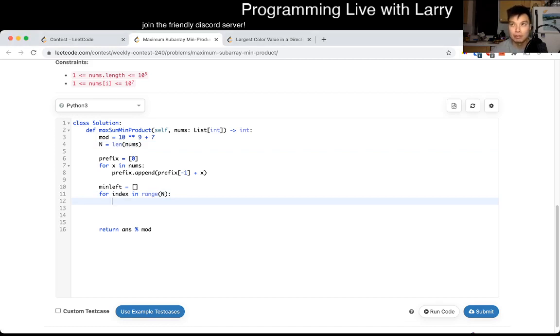So we want the minimum element on the left.